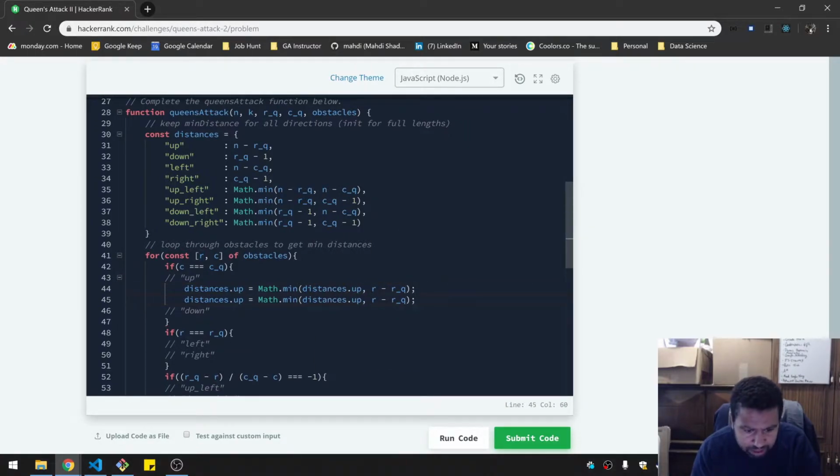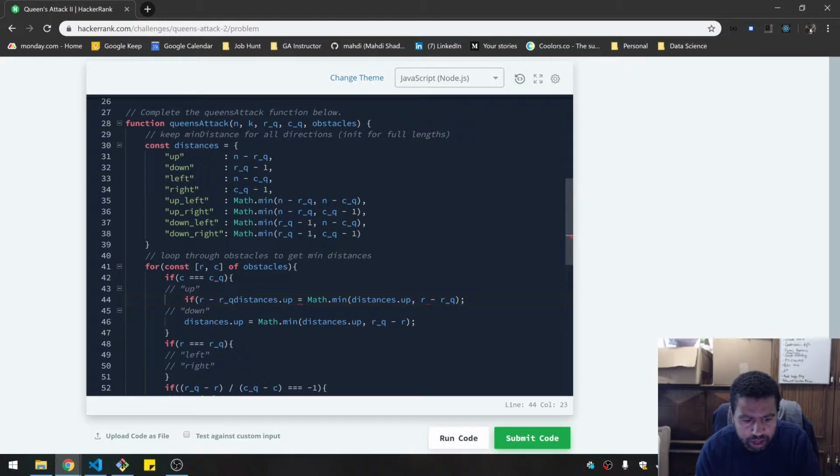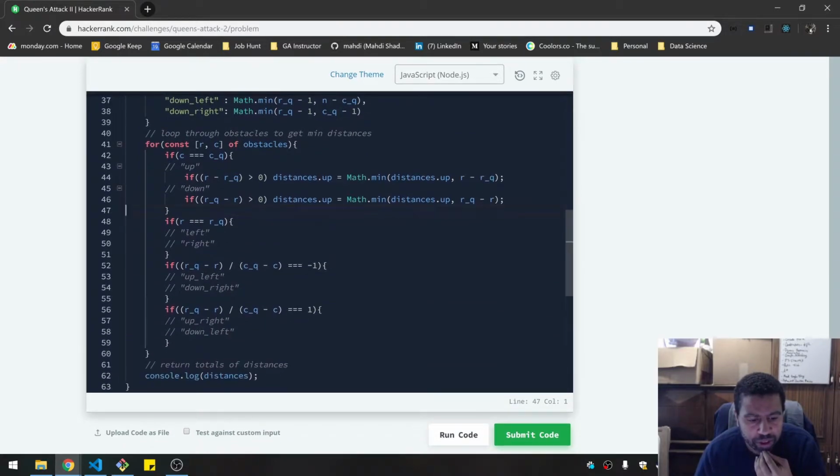Same thing for min, or for the bottom. So I think I need to do, like, if you're positive, so if that is bigger than 0, do this. Okay, because I know you're in that row. I don't know where you are though. Are you above it or below it?